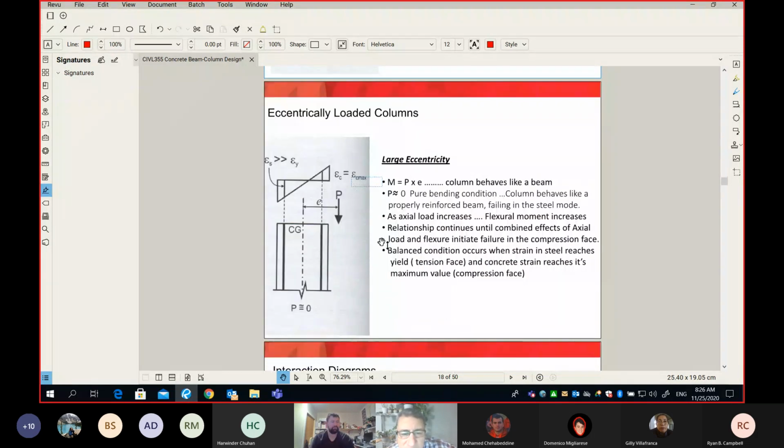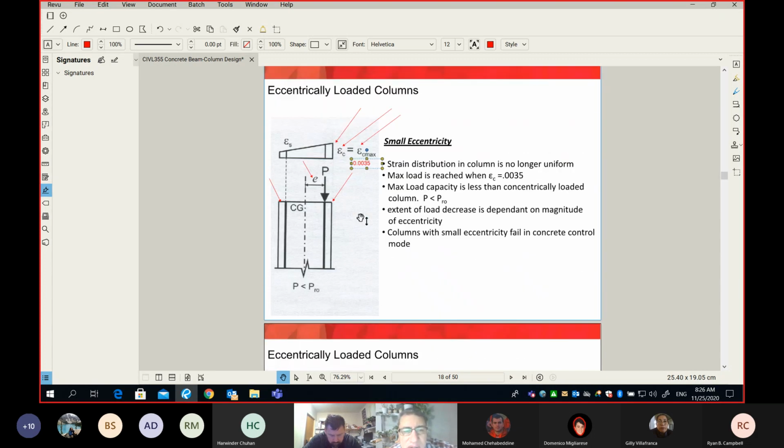Large eccentricity is simply when we move our force very far from the centroid, which means the E is so large. When the E is so large, one side will be in compression and the other side will be in tension, unlike small eccentricity, where the entire section is in compression, but one side has more compression and the other side less.